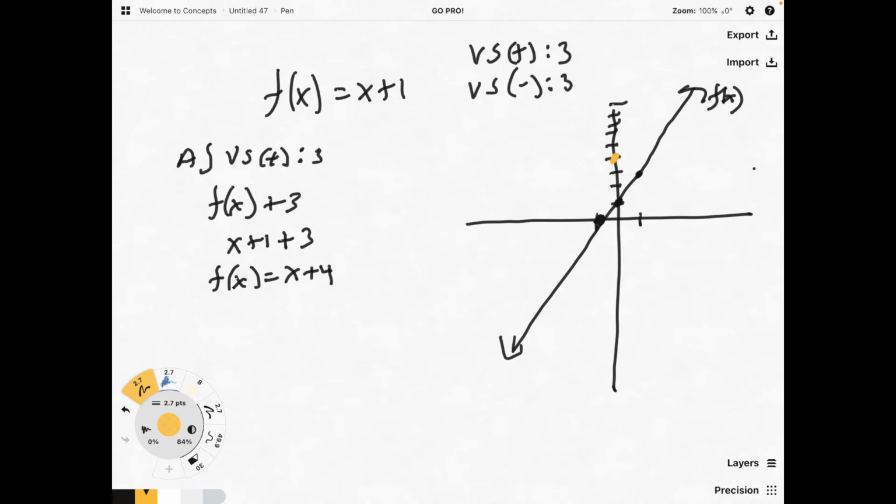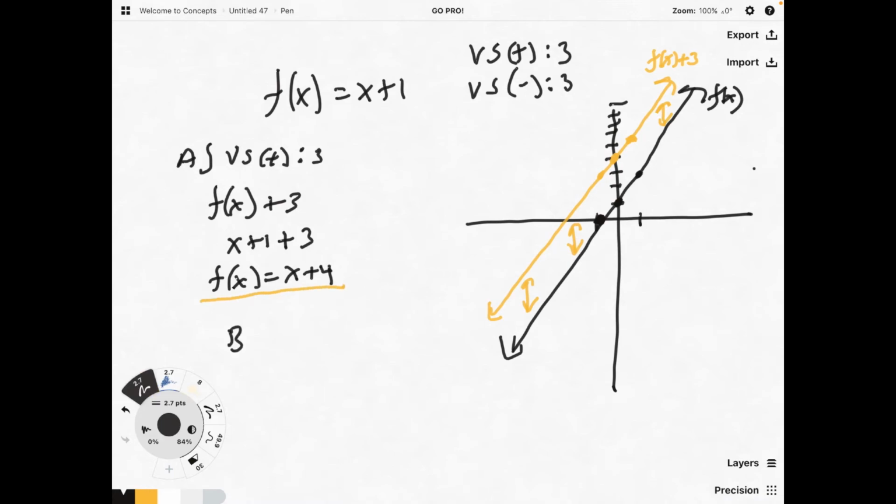Our next point, if we go over 1, is going to be up to 5. And if we go to negative 1, we're going to go up to 3. And we can draw this line here. So this is f of x plus 3. With this, we can see that all points from our original graph to the shifted graph are elevated vertically upwards by 3 points. And that satisfies part A.